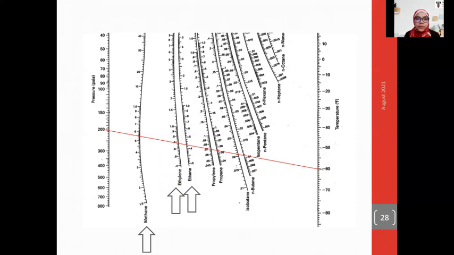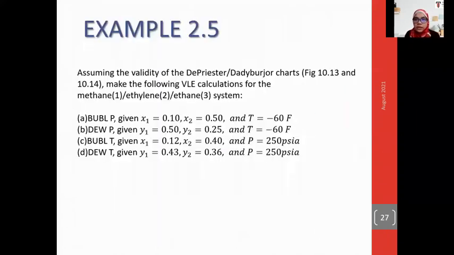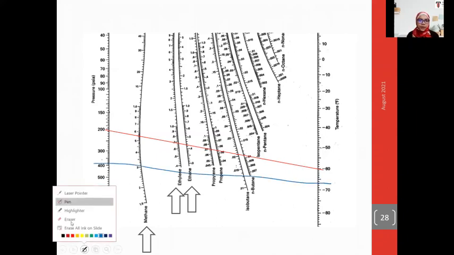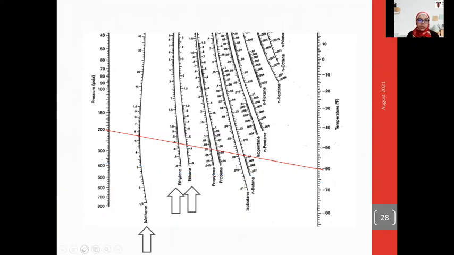So we have this line, at minus 60 Fahrenheit. How can I choose which pressure to start with? We call this the guess pressure.